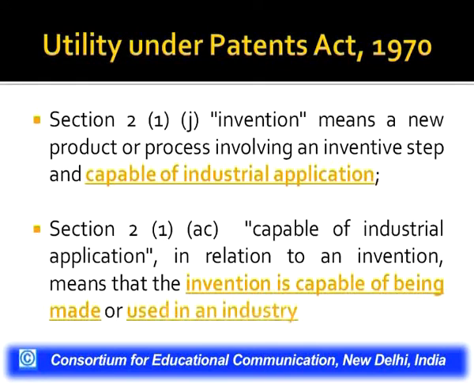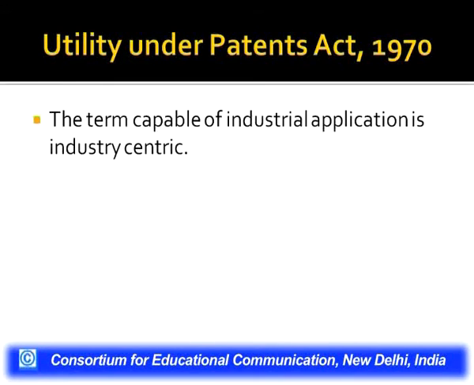It says that the invention must be capable of being made or used in an industry. So friends, the term capable of industrial application is industry centric. We must learn this as a key point: the requirement has to be seen in the context of industry.